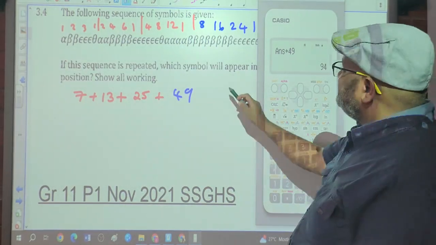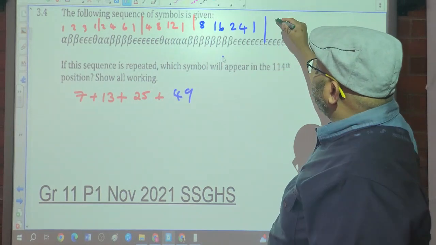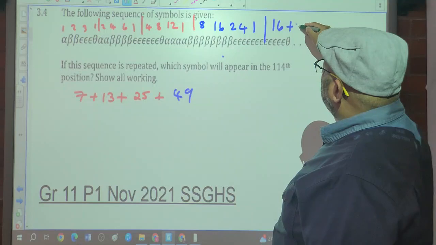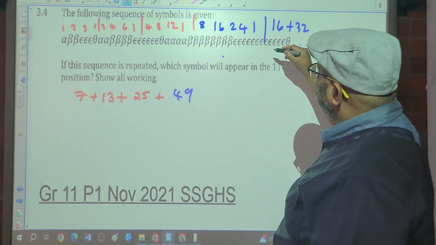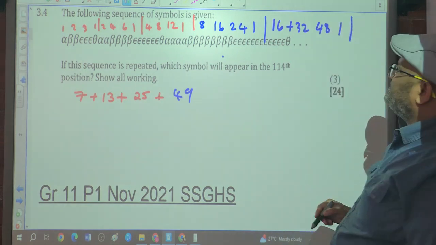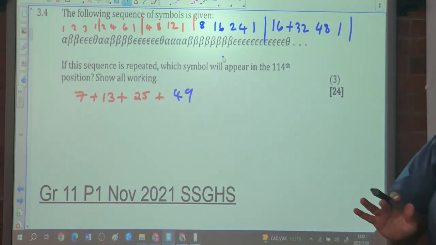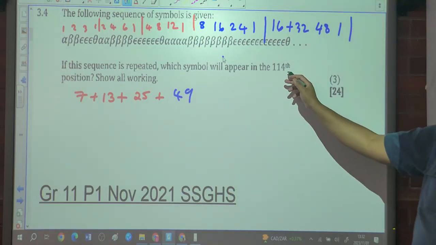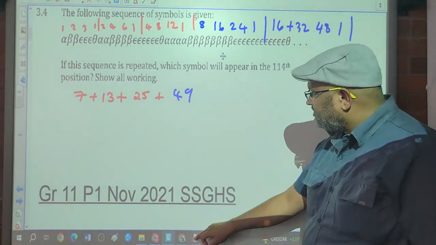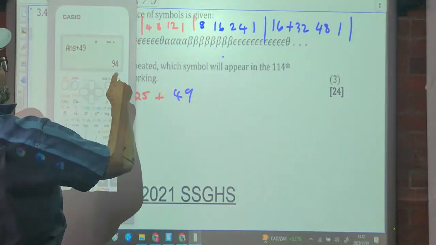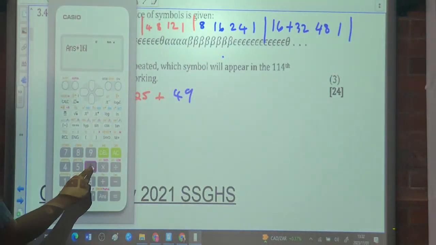So I must repeat it again. So the next number is going to be 16. And then 32. And then 48 and then 1. That is definitely over 114. Not so? So what I do is I say, okay, 94 plus 16.